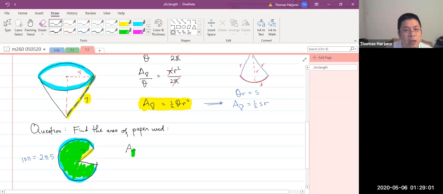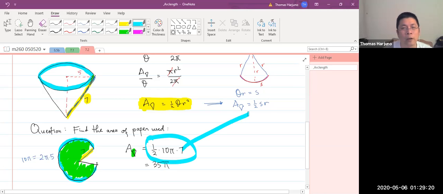Area of that sector is equal to 1/2 arc length times radius. That's 35 pi. I use this formula. Okay, that's one of the uses.